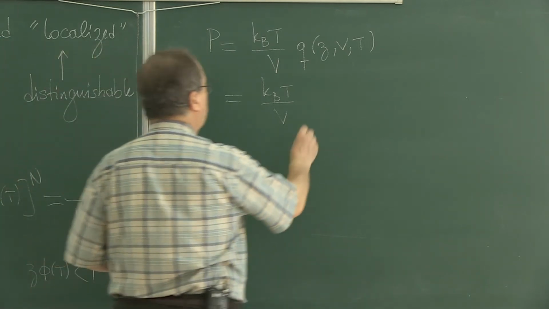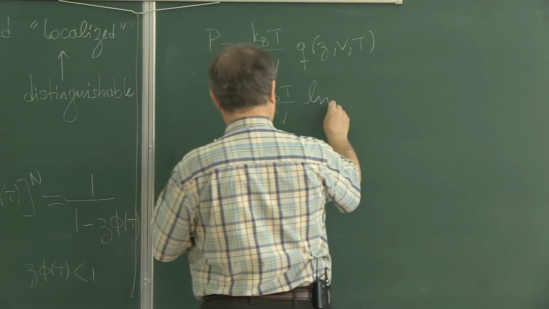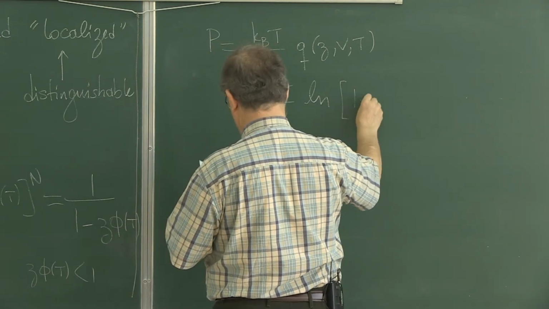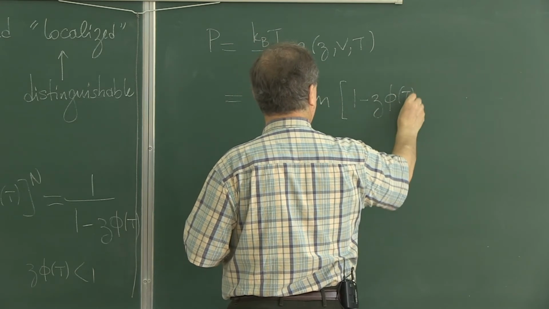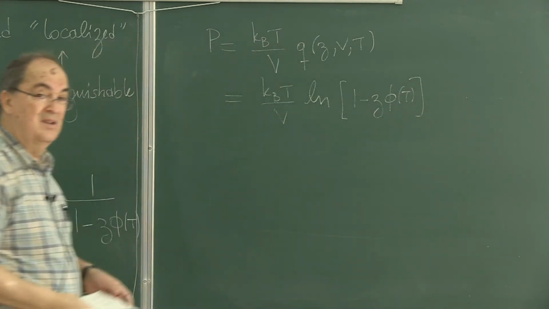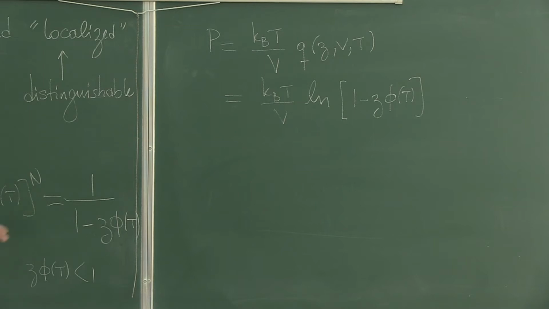So it is ln of 1 over 1 minus z phi, because ln 1 is 0, isn't it? ln 1 minus ln(1 minus z phi(T)).